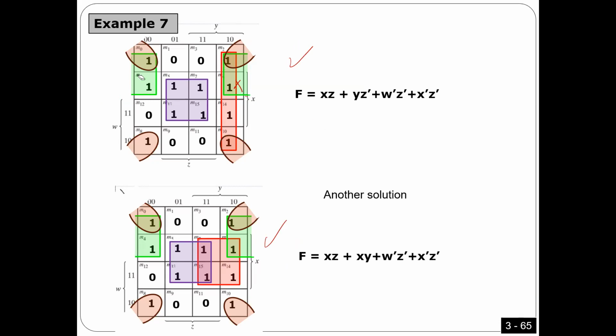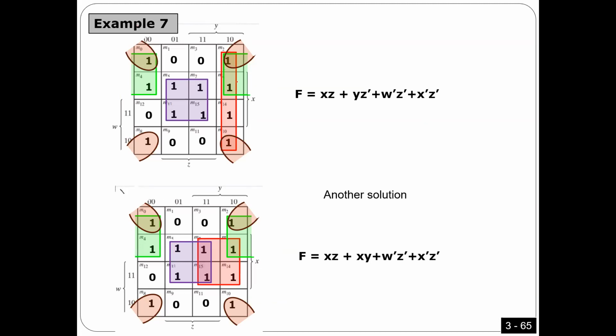Based on what I explained right now, the only difference between these 2 solutions is just this one term. Here I decided to take these ones this way, but here I took them that way. Only one term is different. The other terms are the same. I can have another solution, which is also correct.